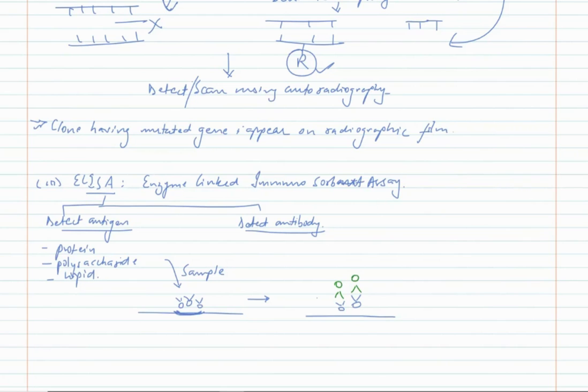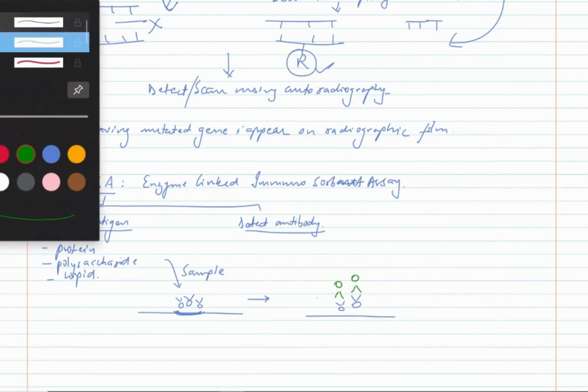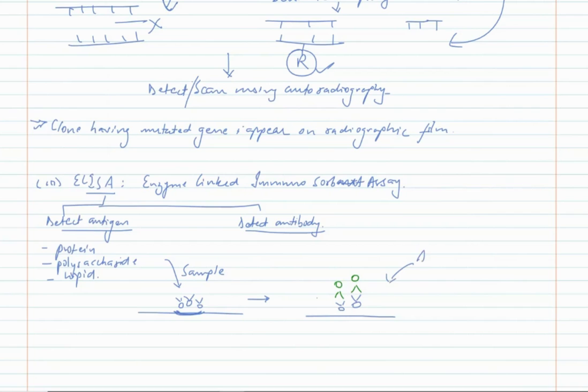Now after this binding, we will add a substrate that produces color or changes color in the presence of an enzyme.